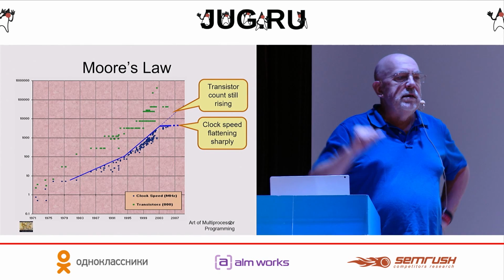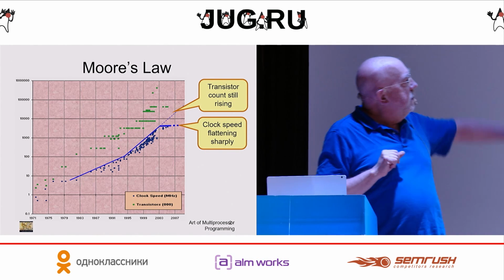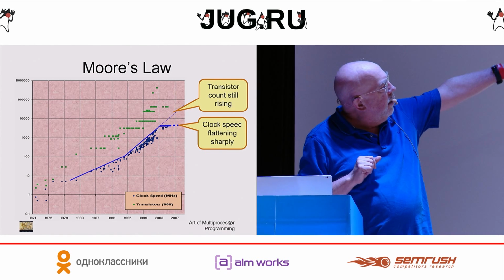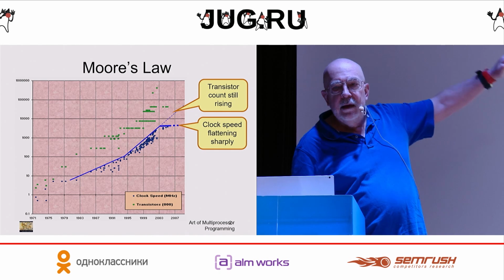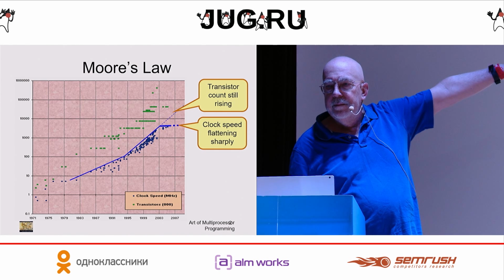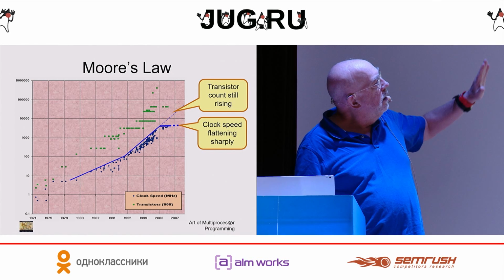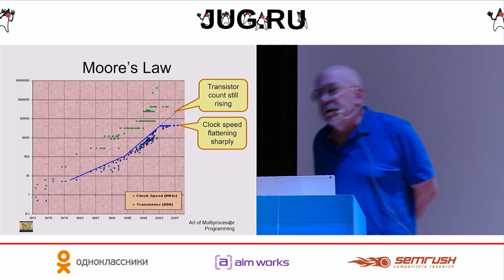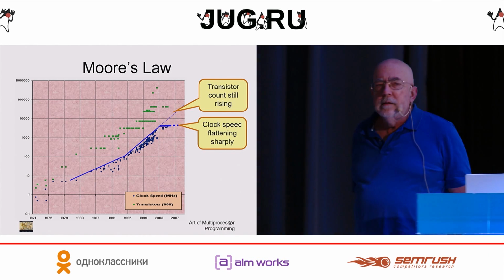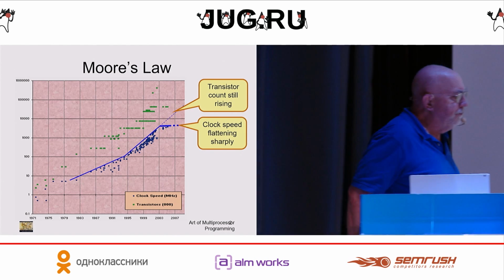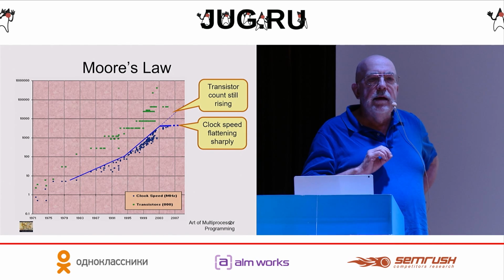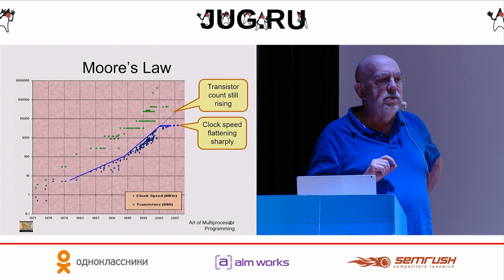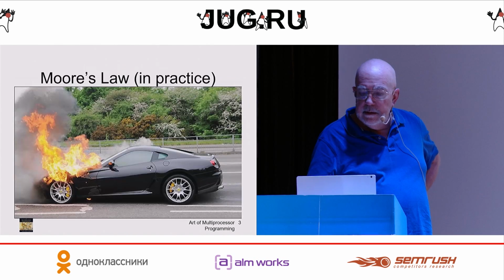Then around 2000 that stopped. As you can see, the clock speed, the blue line on the bottom, went up and up and up, and then it went flat. It stopped improving. The transistor size continues to shrink. The reason the clock speed is unable to keep up with the transistor size is simple.